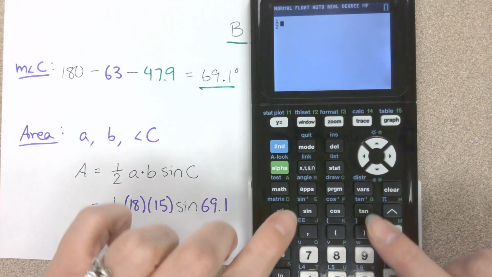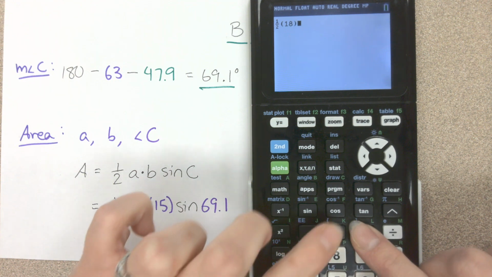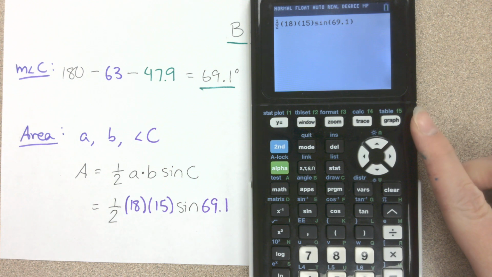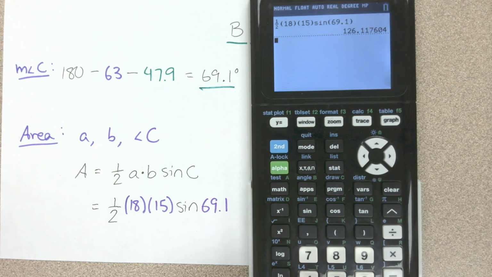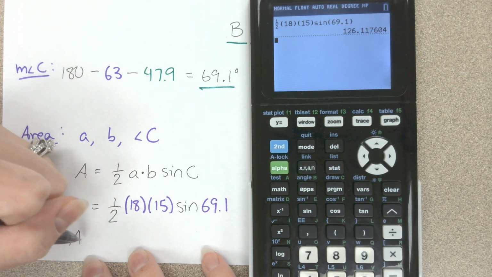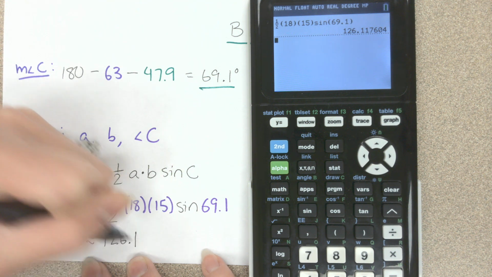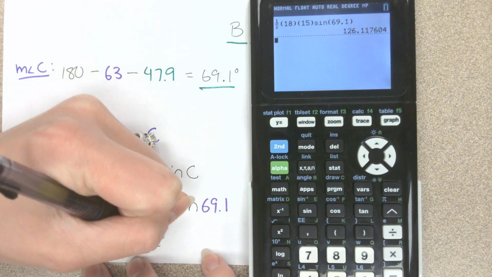One half, 18, 15, sine of 69.1. Okay. The area is 126.1 units squared.